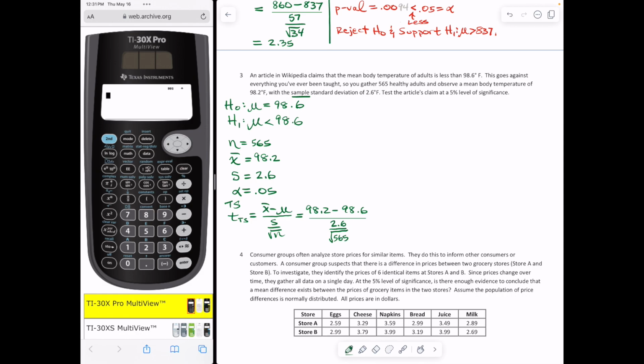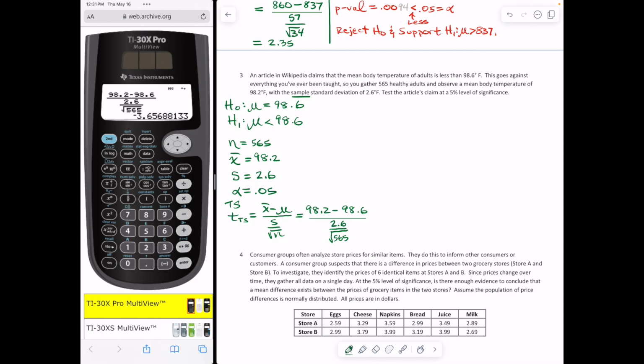Okay, so I think we'll go ahead and do this computation here. Fraction 98.2 minus 98.6 over fraction 2.6 over square root of 565.